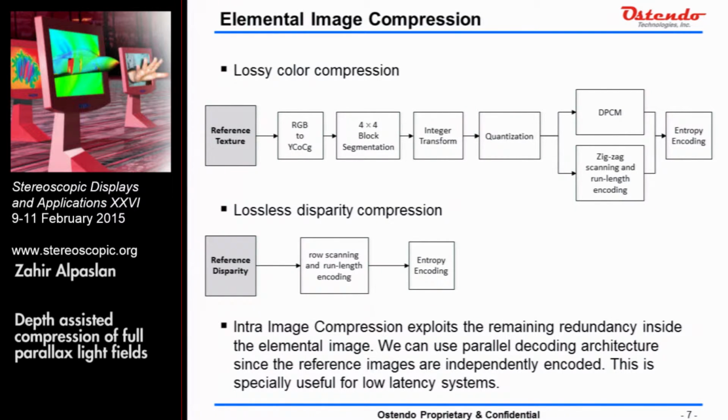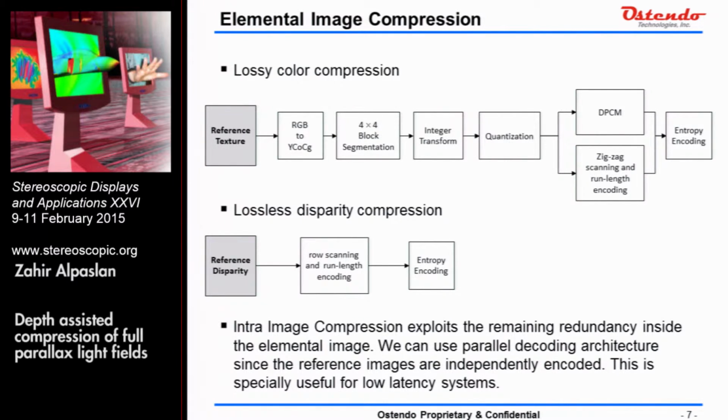They usually apply lossy compression for their depth maps, but we are proposing a lossless disparity compression. We use lossless because we want to preserve as much as possible the geometry information, and by preserving the geometry information, we also have better quality at the reconstruction side. So the intra-image compression exploits the remaining redundancy inside the elemental image.